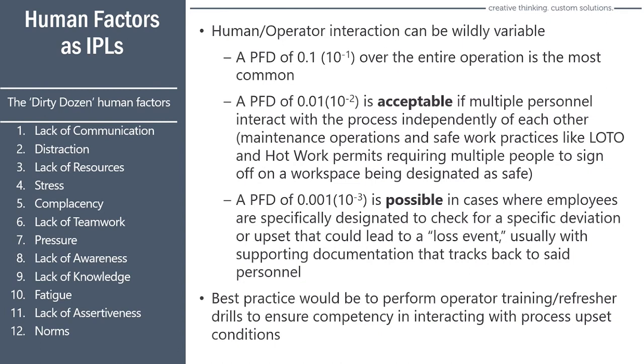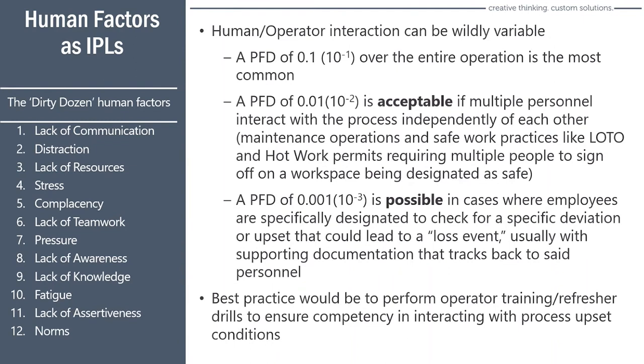That's kind of how you have to think about human operator interactions. It is possible to get 1 in 1,000, but that is pretty rare. You'd have to really show that you have essentially 3 people independently looking at something in order to say that you have a 1 in 1,000 chance of failure there. But like I said, for typical operators, it's 1 in 10.